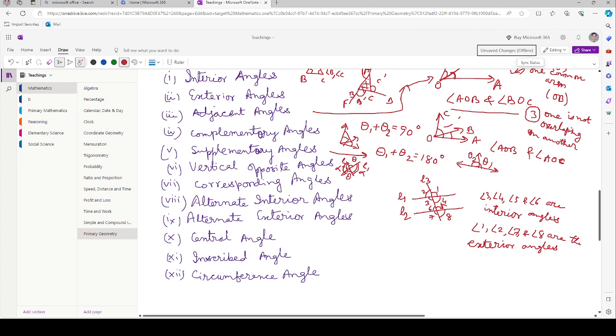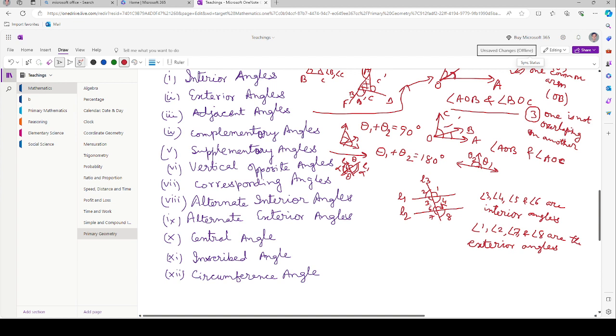Angle 1 and angle 5. They are in similar position. So, angle 1 and 5 are the corresponding angles, and they are also situated on one side of L3.